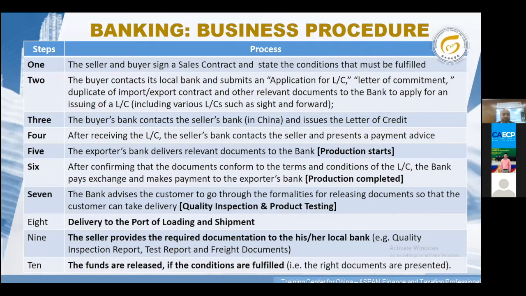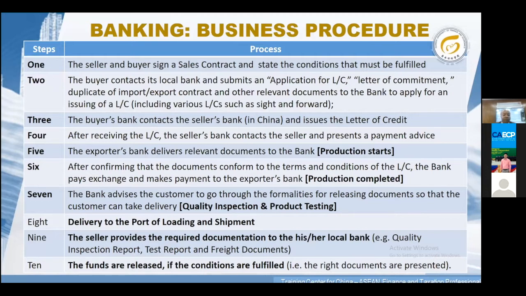The bank that is responsible is paying in exchange and makes payments to the importer's bank, in exchange of payment with some documentation. And usually at this time, if we refer to China, production is completed. Okay, you don't receive the goods yet, just completed.